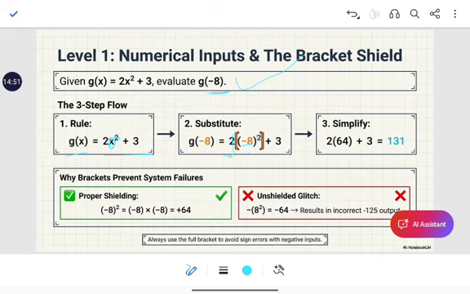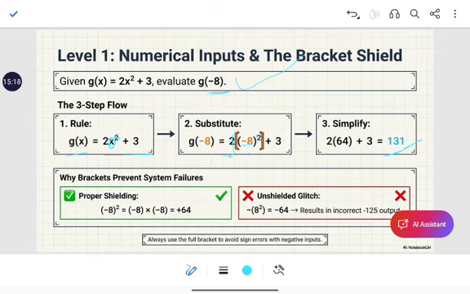Negative 8 squared is 64, times 2 plus 3. So 2 times 64 plus 3. And our answer is 131. Okay, good.